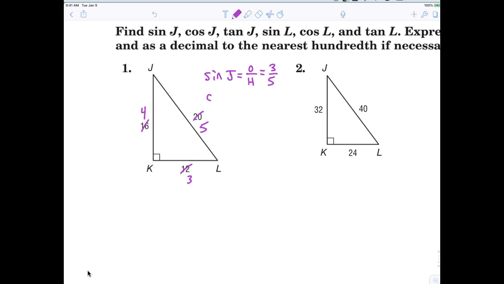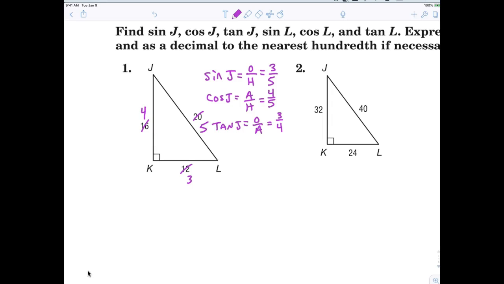Cosine of J is defined as what? Adjacent over hypotenuse, which is defined as 4 over 5. And then we have tangent of J, which we're going to identify as opposite over adjacent, which would be 3 over 4. Do we agree? Simple. Yeah.